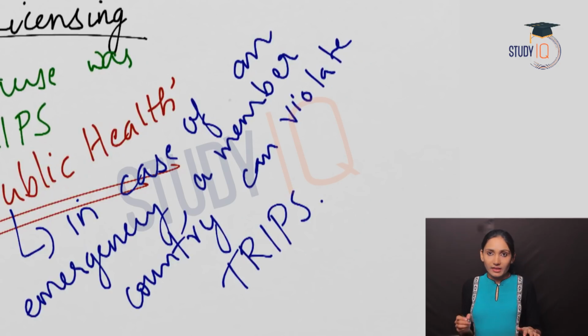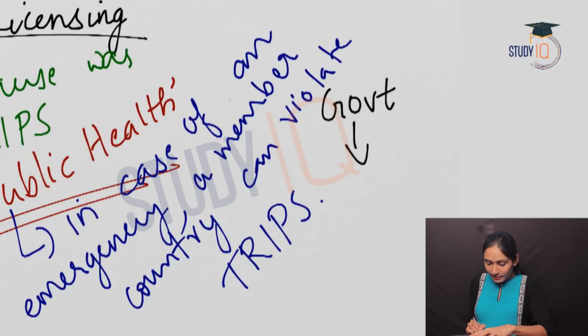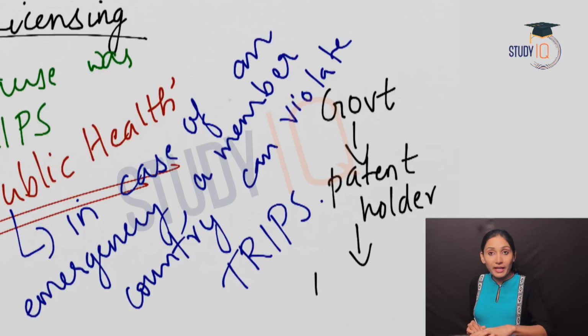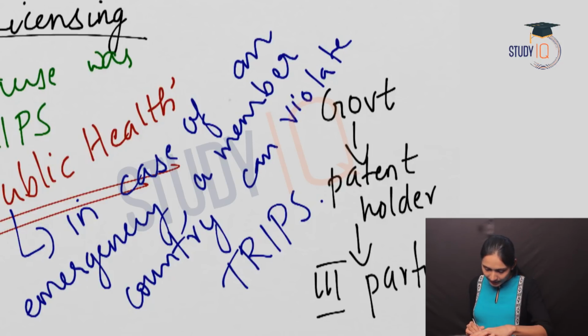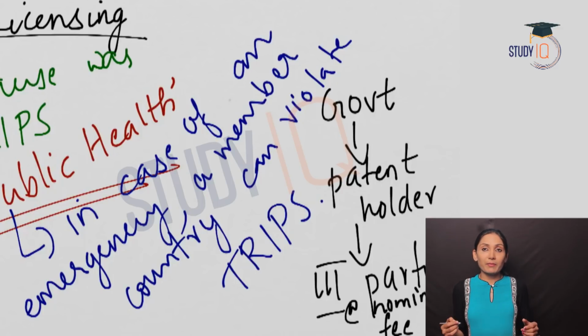This means that the government of a particular country can compel a patent holder to give his patent to a third party. So, under this clause, the government can compel the patent holder to give his patent to a third party at a nominal fee that is fixed by the government.